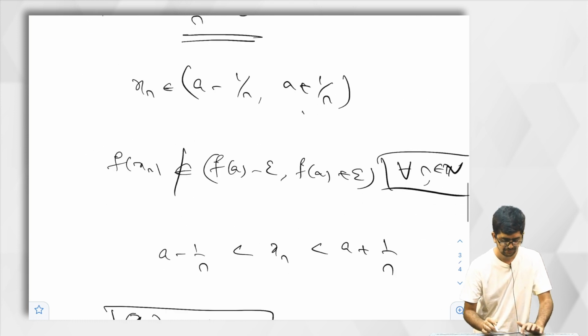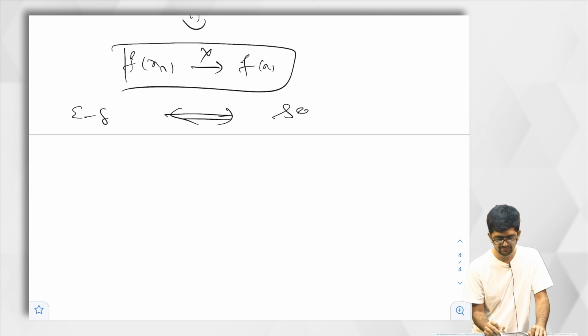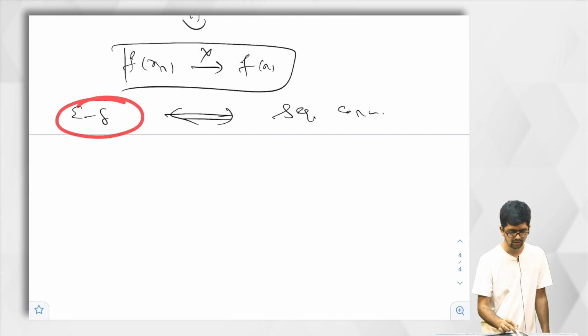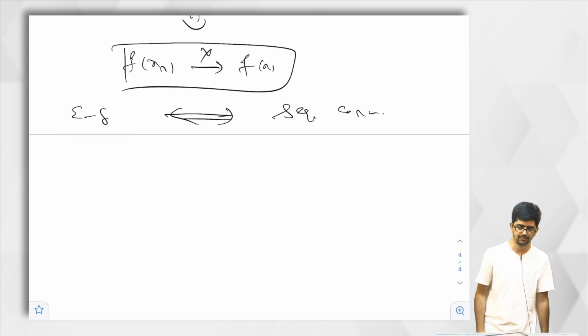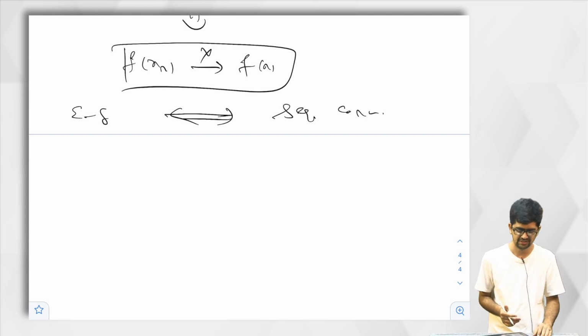So this says epsilon-delta continuity is equivalent to sequence continuity. When we are talking about continuity, these two notions are actually the same. So now we have a correspondence between these two notions of continuity at a point a or on the whole domain of the function.